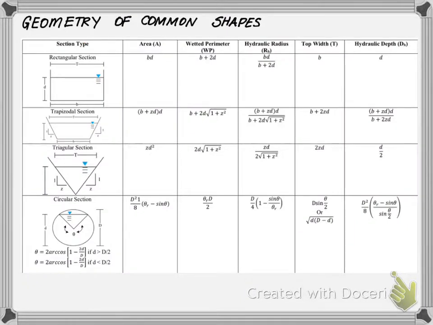This slide shows the geometry of many common shapes: rectangular, trapezoidal, triangular, and circular. The geometric information shown can also be found in most textbooks, online, or determined by you. For you to calculate these terms, you must know the depth, side slope, width, and/or diameter of an open channel.